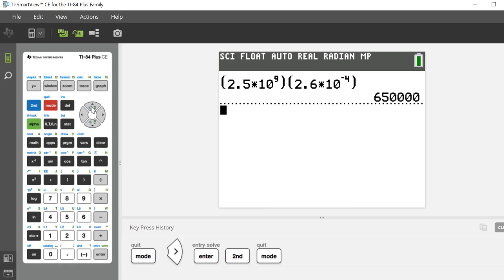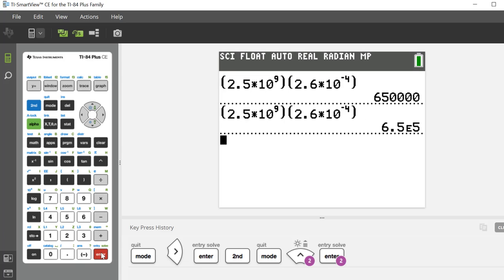If I go up and type this in again, watch what happens. It gives it to me in scientific notation now. 6.5 E5. That E5 means times 10 to the fifth.